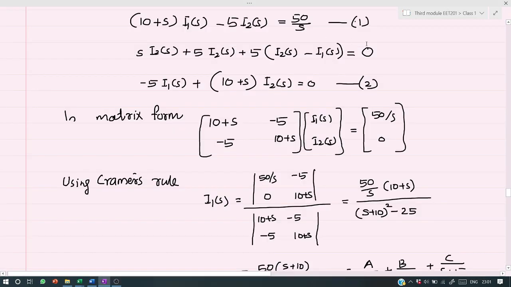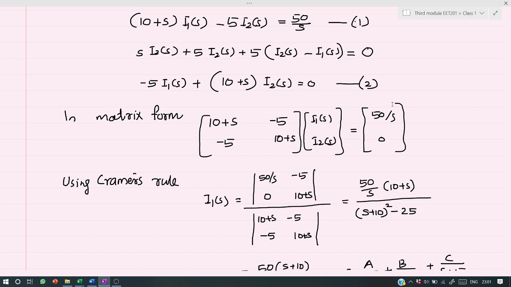These two equations can be expressed in matrix form like this. Here, this matrix equation is in the form AX equal to B, where A is this matrix and B is this matrix. This A matrix is the impedance matrix and B matrix is the source matrix.